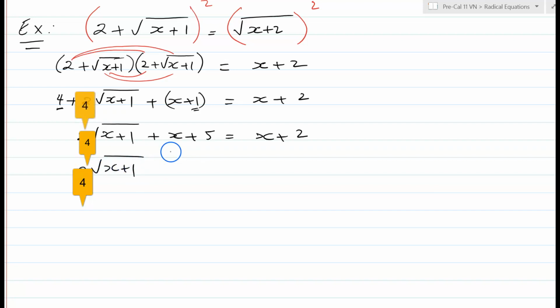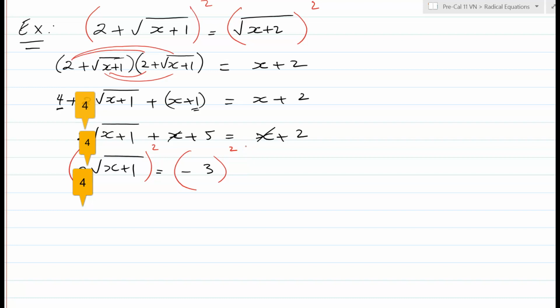Then we bring all the x's and all the other numbers to the other side because we want to isolate the radical term. So x and x cancel out. We get negative 3, subtracting 5 from both sides.